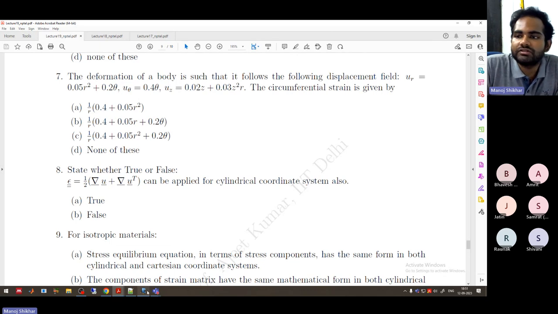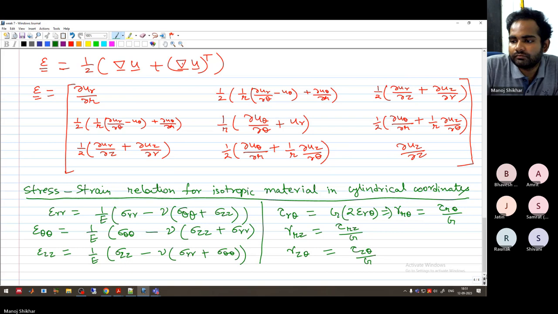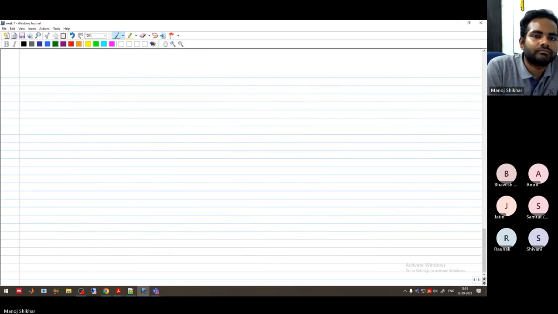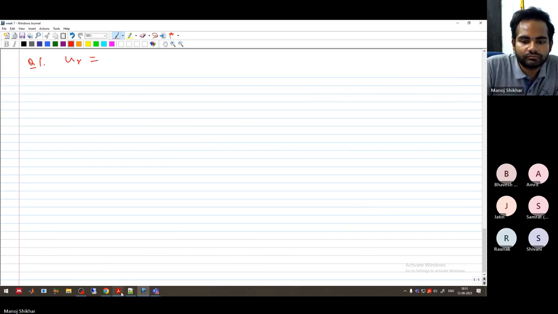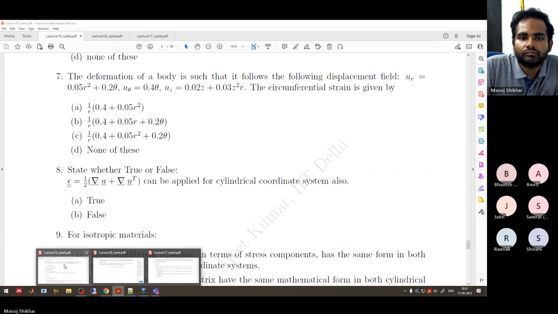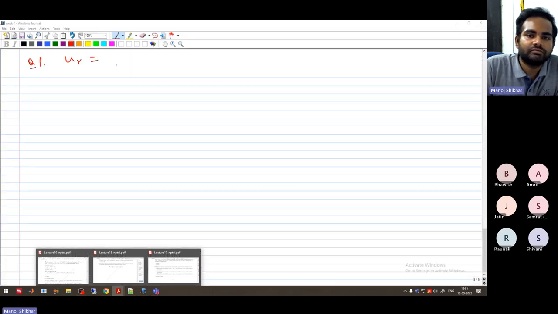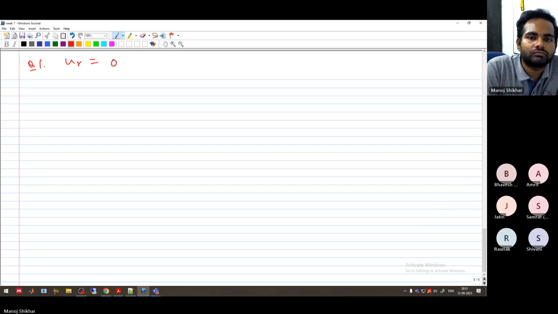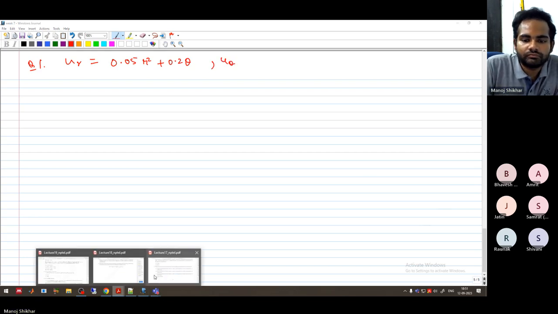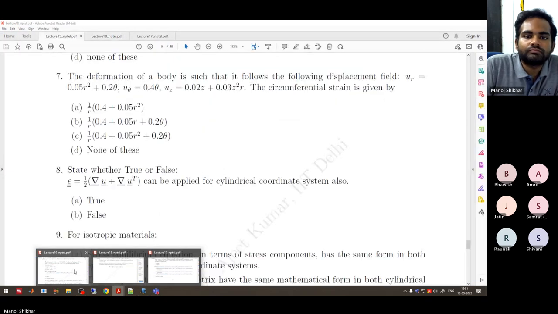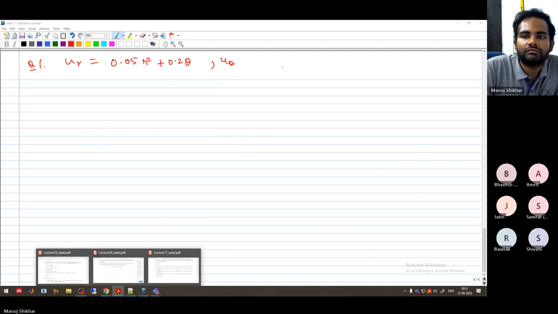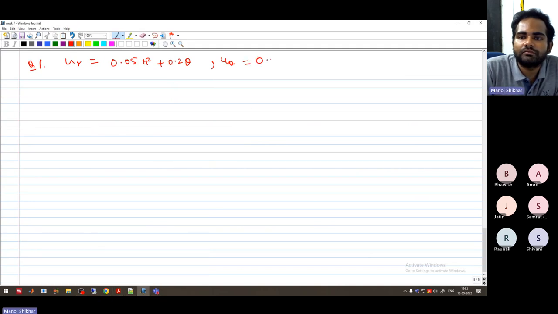So I will write the question here. They have given you Ur equal to 0.05 r square plus 0.2 theta. They've given you u theta equal to 0.4 theta, so u theta only depends upon theta in this question.